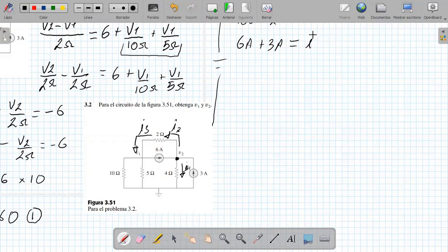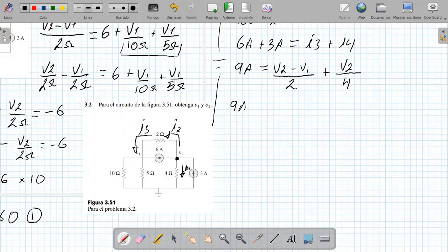Well, first let's get the right side. It would be I3 plus I4. So 6 and 3 are 9, but there are still 3 as V2 minus V1 over 2 ohms, plus the I4 would be V2 over the 4 ohms. Well, then here I would have 9 equals V2 over 2 minus V1 over 2 plus V2 over 4.